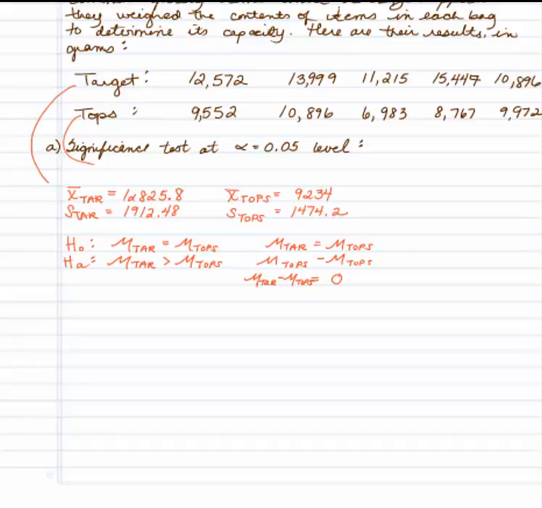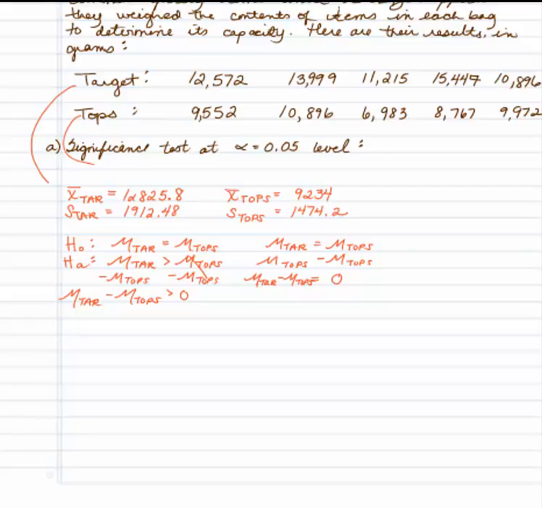And then you might get the same type of thing on the other side. Mean of Target minus the mean of Tops probably is going to be bigger than 0 if they're doing better.